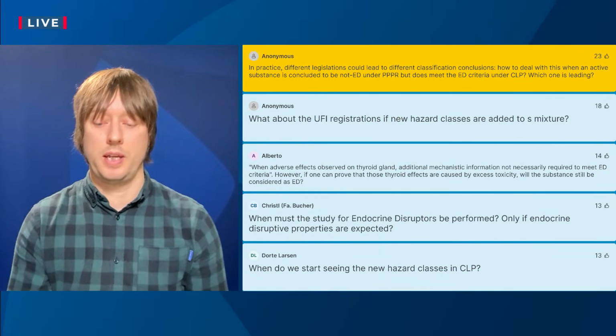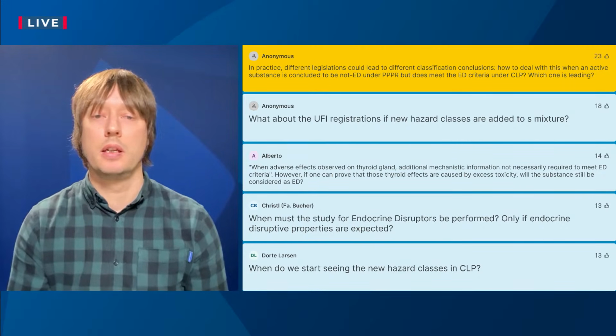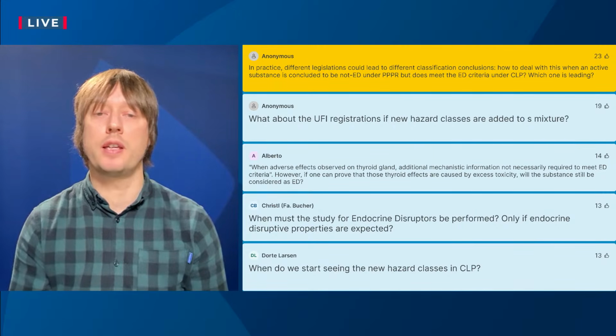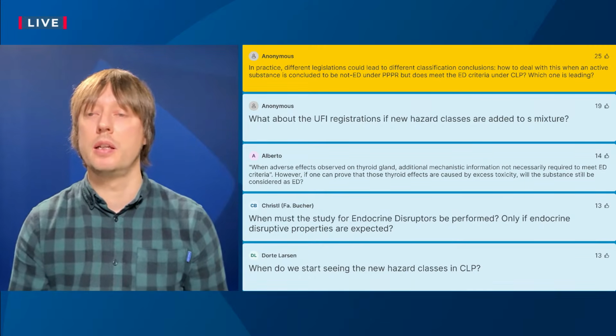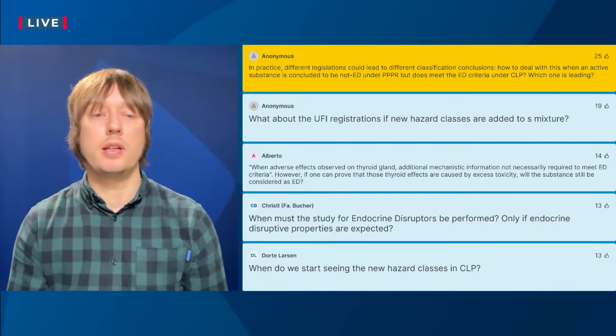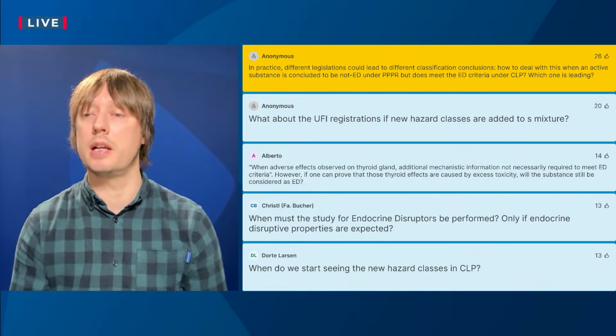So the next question we have is a double header, really. Starting with, in practice, different legislations can lead to different classification conclusions. How to deal with this when an active substance is concluded to be not ED under the PPPR, but does meet the ED criteria under CLP? Which one takes precedence? Nicholas?